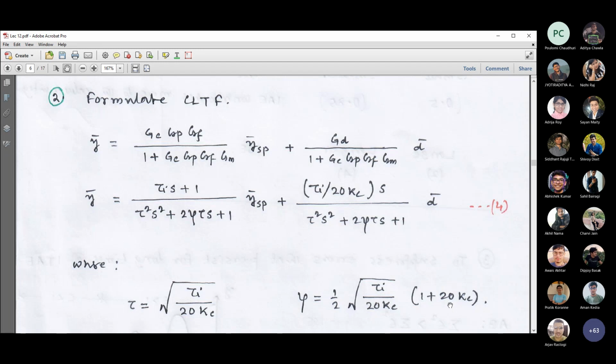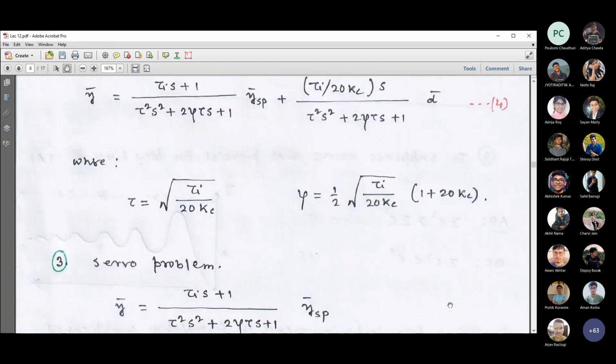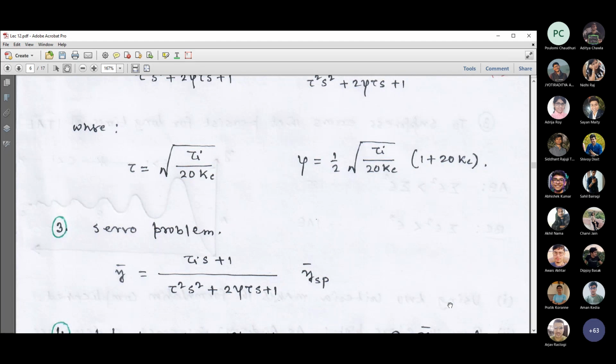Okay, now let us go ahead with the servo problem only. Servo problem means our D equals 0. Let us tune the controller parameters just for the servo problem, not for the regulatory case.